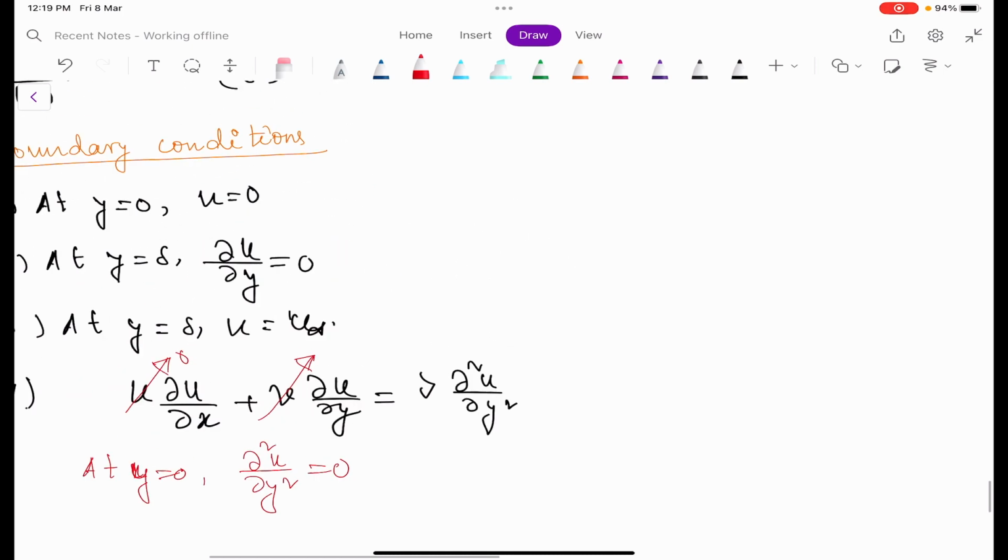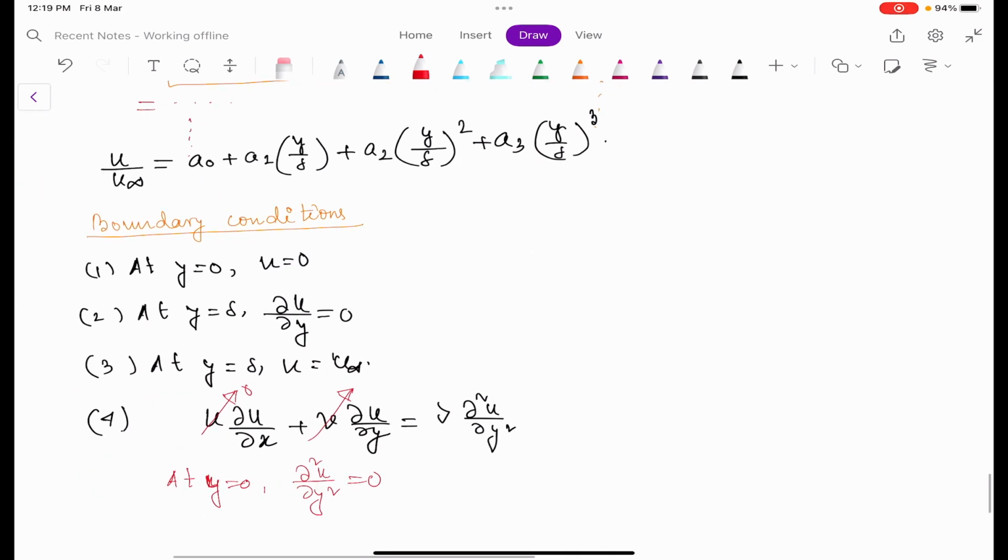Now you have the 4 unknowns and 4 boundary conditions. This is a very simple straightforward mathematical exercise to find the 4 constants a0, a1, a2, a3.